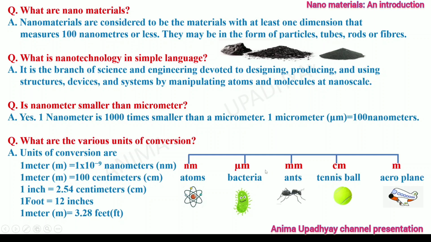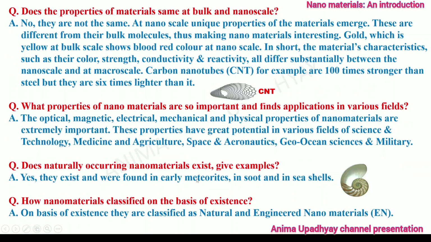So millimeter is bigger than micrometer. A tennis ball, which you guys play with, is measured in centimeters. And then you can see the aeroplane which is measured in meters. So where do nanomaterials fall? In the nanometer scale.